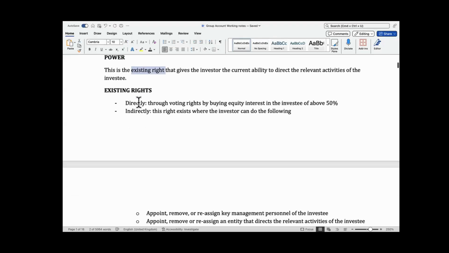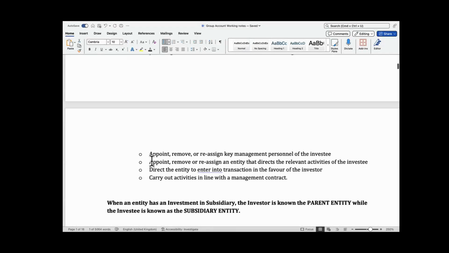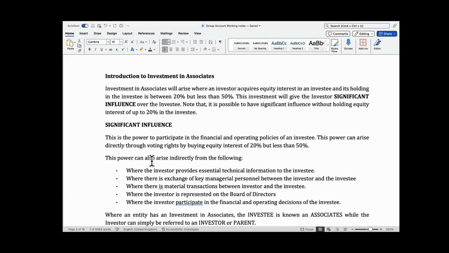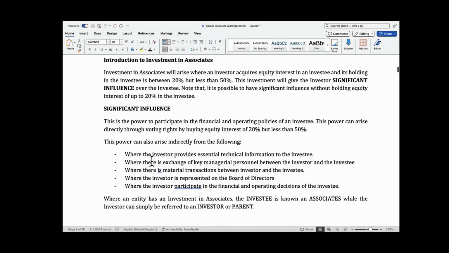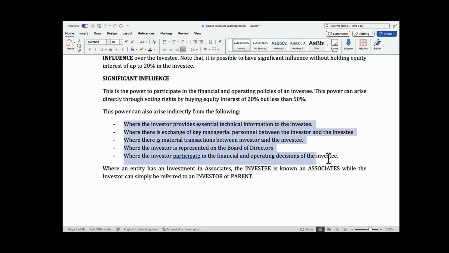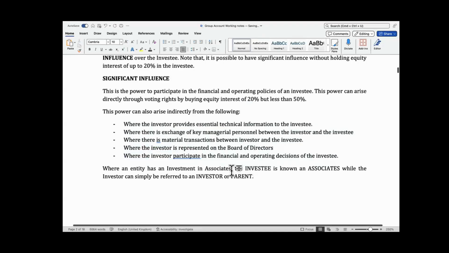And these rights can either be gotten directly, where you buy equity interest in the investee of above 50%, or indirectly when you can show the following. The same thing for associates. We're talking about significant influence. This significant influence can either be gotten directly through your holding in equity interest of 20% but less than 50%, or indirectly when you can show any of these five. It shows that you have significant influence.